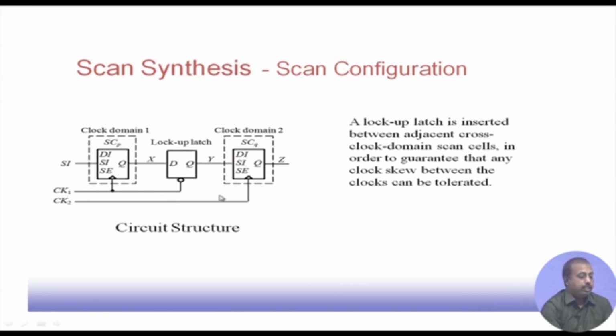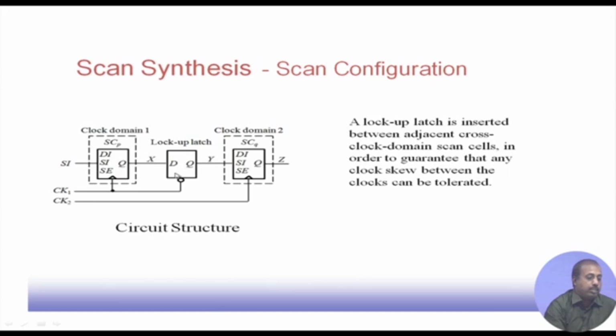If it changes, then the value may be modified by clock domain 1 before it has been sampled by the clock domain 2 flip flop. So what is done is, when this clock is low, the lockup latch will hold the value, and when this clock becomes high, it will remember the previous value.